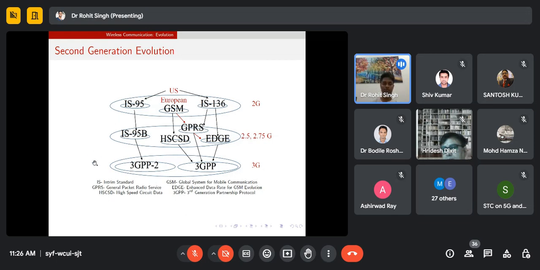Again, we could not arrive at a single standard. We had two standards in the picture: 3GPP and 3GPP2. These are organizations working on two different standards. Roughly, one gives rise to the CDMA transmission protocol and the other to the TDMA transmission protocol.